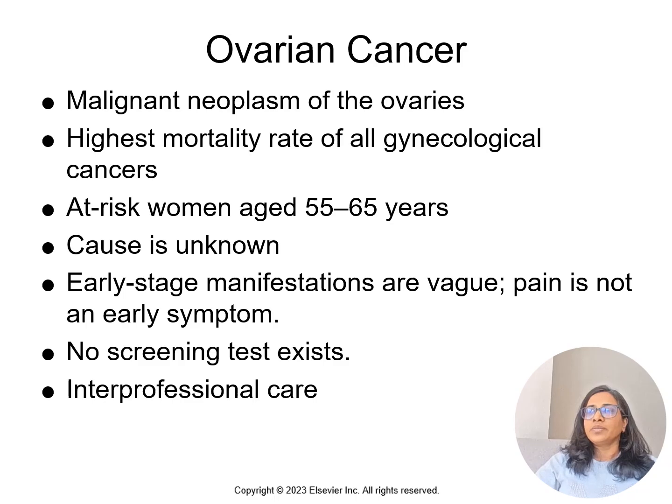A lot of times people will come to the emergency department or to the clinic with ascites or vague symptoms like that, and then we would say, oh, why does a young 30-year-old lady have ascites for no reason? Then we do investigations and find out that there might be an advanced stage of ovarian cancer. So it's kind of sad that it always goes undiagnosed. And there is no screening test for this.